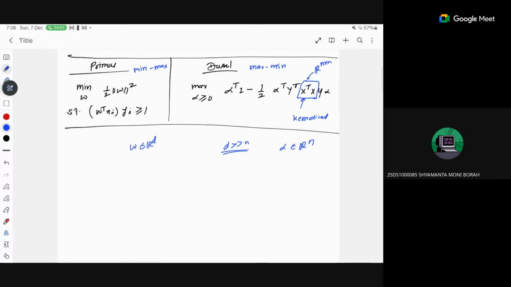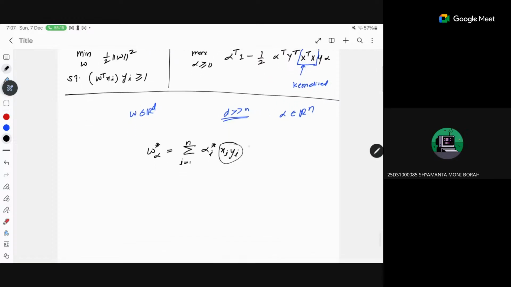One more thing: now I know W star. What is W star here? W star is the summation of i equal to 1 to n of alpha i star x i y i. We said this is what your data point is, and alpha should be greater than or equal to 0, right?